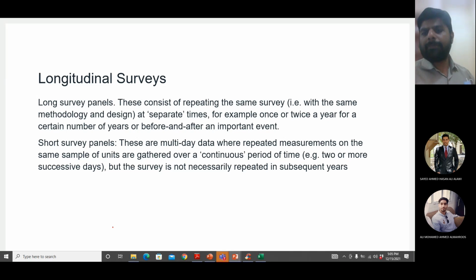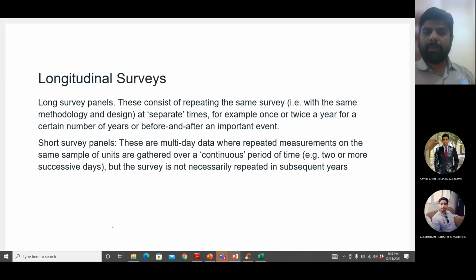For example, once in a year or twice in a year. Okay, and you will do it for a number of years. So for example, I say I will do a survey for 5 years, and every year I will ask the same panel the same question once a year. This is long survey panel.